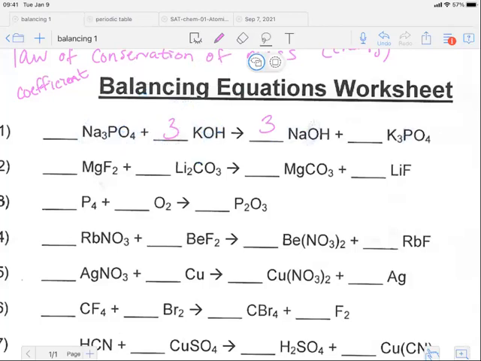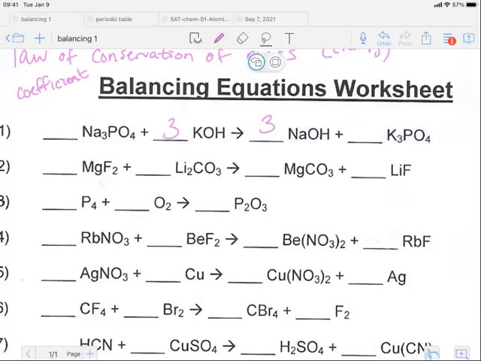In here, oxygen, 3 plus 4, 7. And potassium, K, 3, K, 3. And finally, H, 3, H, 3. All done.